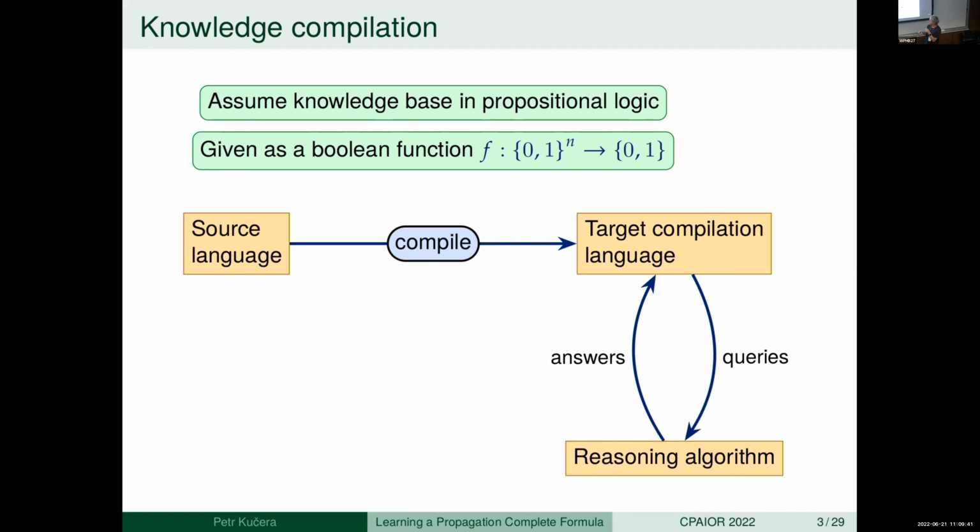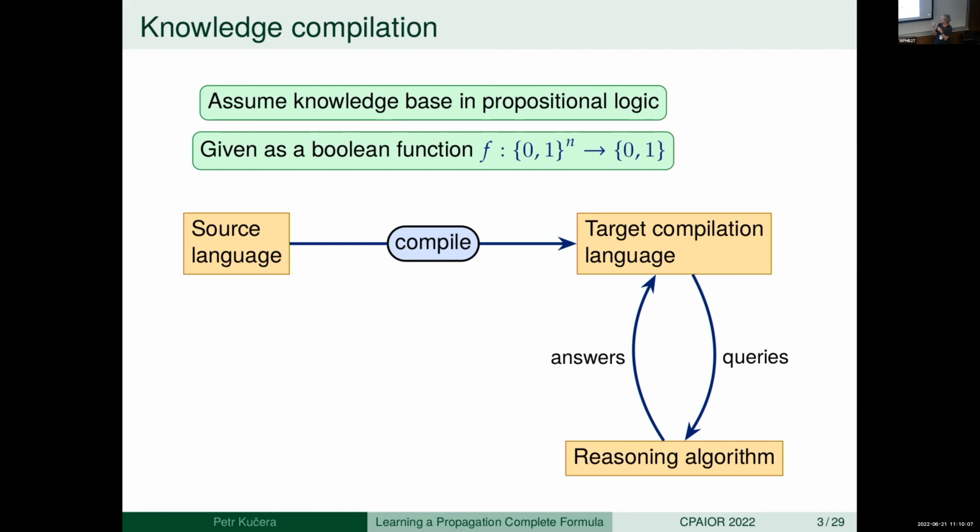And the reasoning algorithm should be efficient, so answering queries should be efficient after the translation. But the compilation can take some non-trivial amount of time. But the idea is that we will compile once and then reason many times.